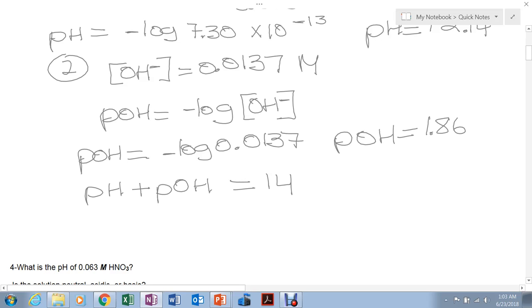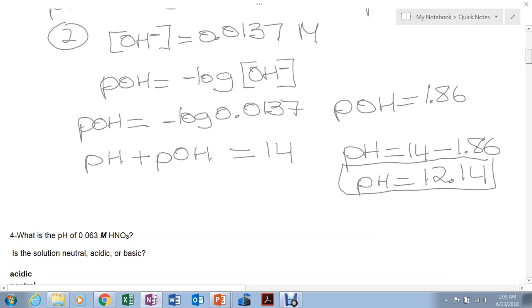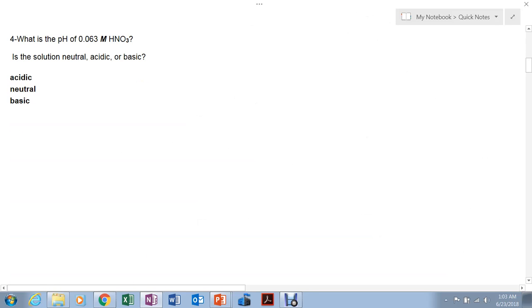So that means that the pH is equal to 14 minus the pOH, which is 1.86. So the pH equals 12.14, and it's the same thing we got on number one way of doing it. Whatever you find is easier, as long as you do it right. Okay, let's go with the next one.